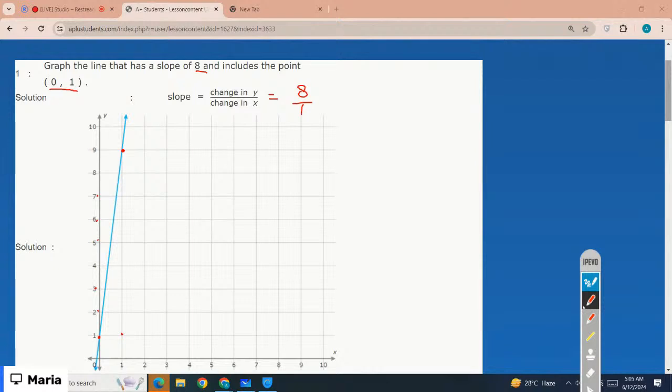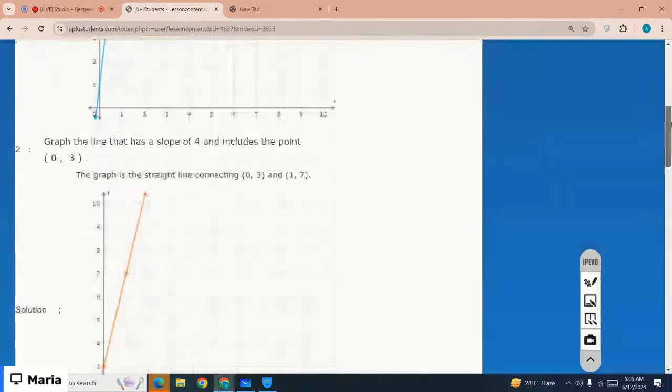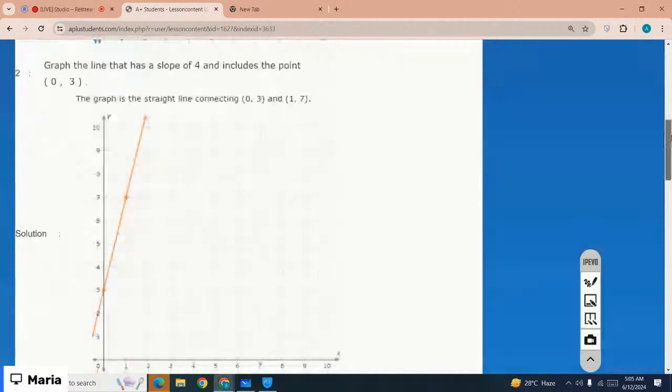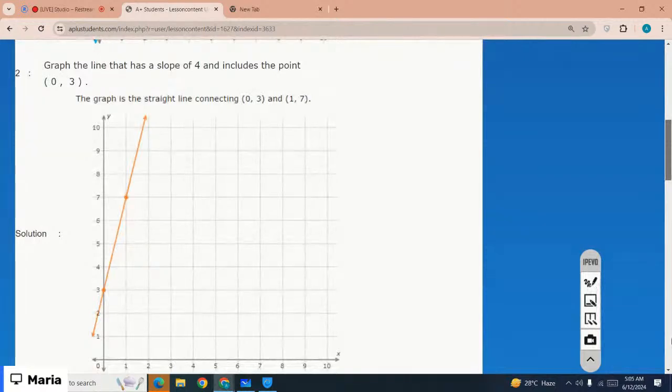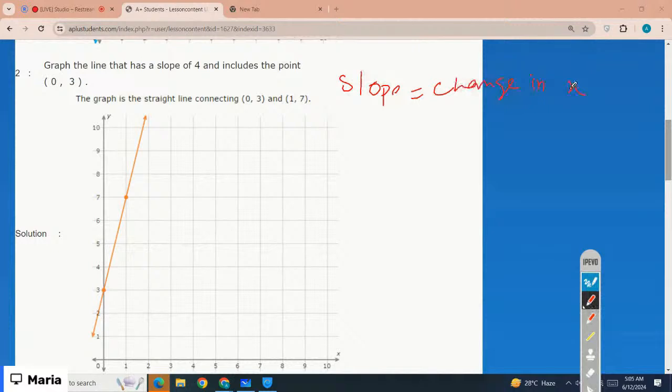Let's just start with the other example. Graph the line that has a slope of 4 and includes the point 0, 3. So the slope equals change in y divided by change in x.